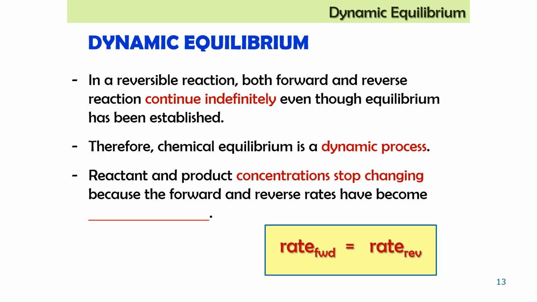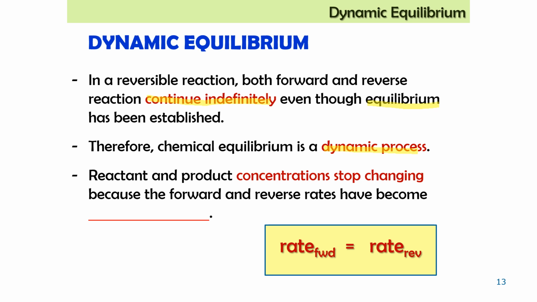Okay, so in a reversible reaction, both forward and reverse reactions will continue indefinitely. Maksudnya dia akan terus berlaku walaupun equilibrium dah established. It's already in equilibrium. Therefore, this chemical equilibrium, we call it a dynamic process or dynamic equilibrium.